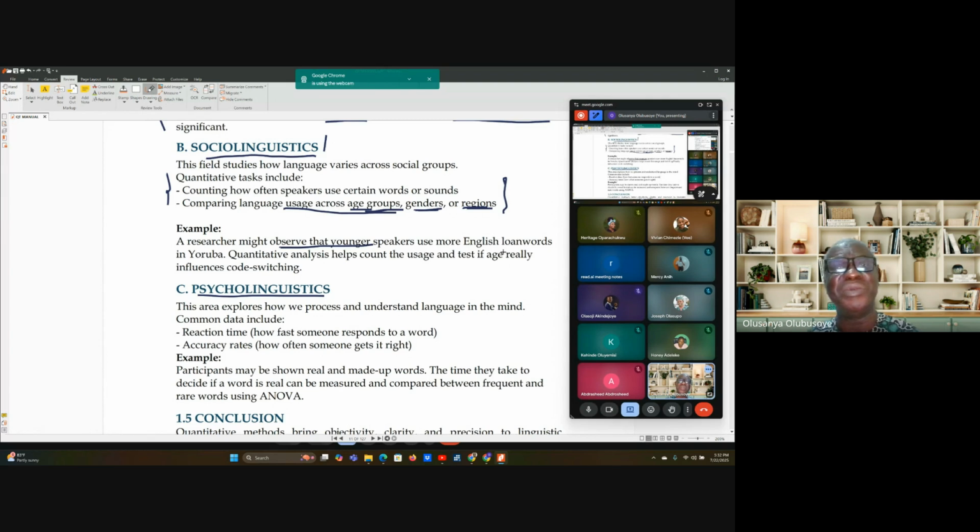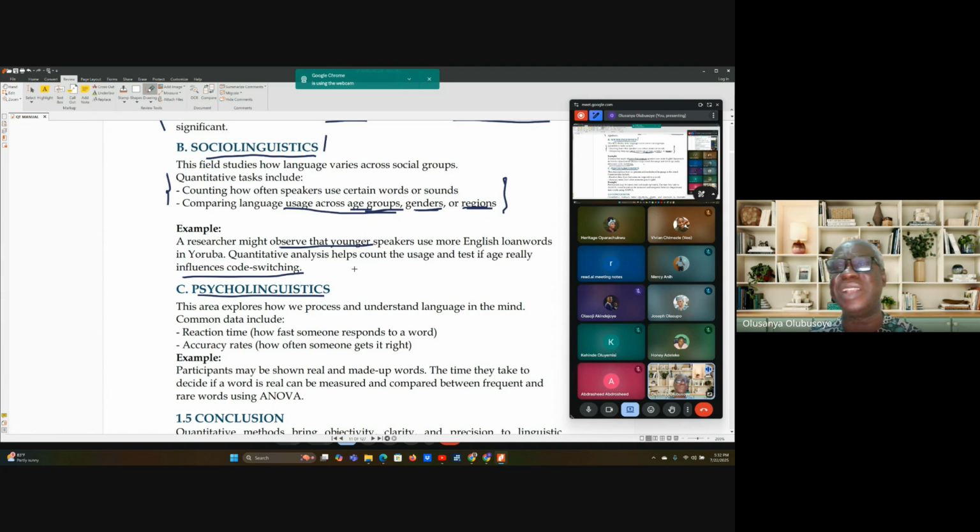We could do that quantitatively. Quantitative analysis helps count the usage and test if age really influences code switching.